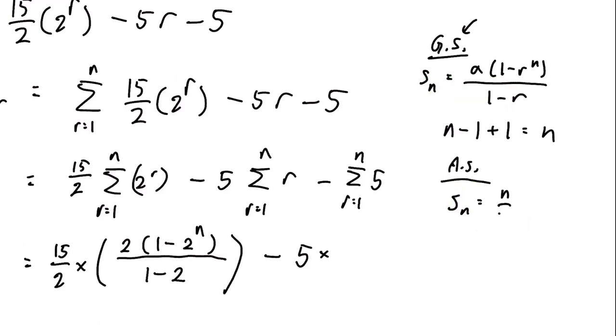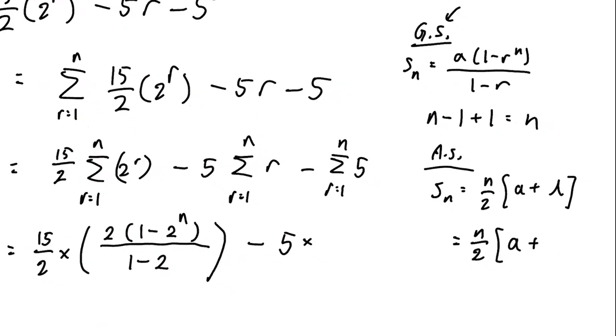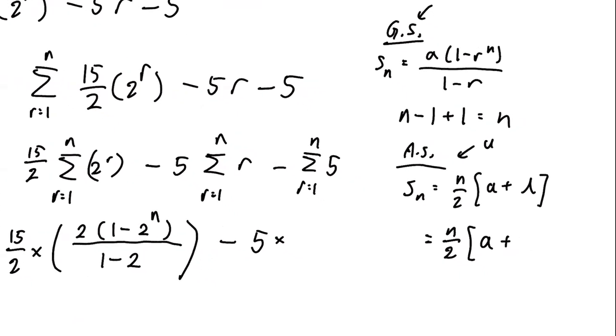So it's actually just n over 2 multiplied by a plus l, where a is the first term, l is the last term, n is the number of terms. N over 2 multiplied by, what's the first term? A is just a, but the last term is actually the nth term. If you recall the arithmetic sequence, un equals a plus n minus 1 times d.